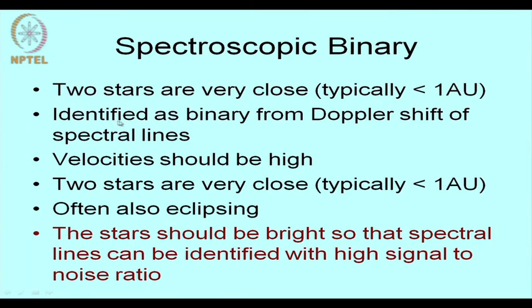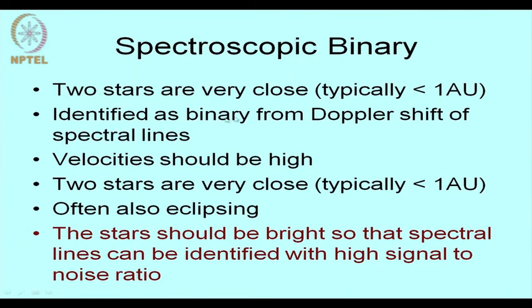The basic idea is that you have to be able to identify spectral lines coming from the two distinct stars, and as the stars move around you will have Doppler shifts, and since the two stars have different motions, you will have different Doppler shifts for the two different lines, and from that you can make out that you have a binary system.